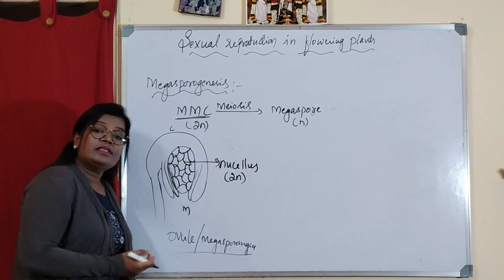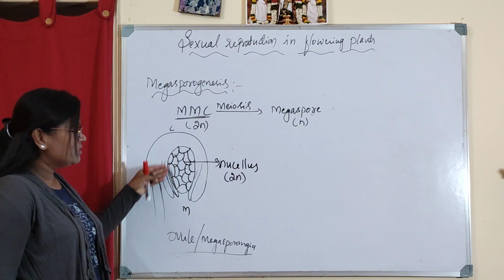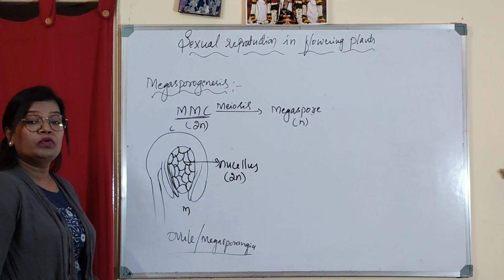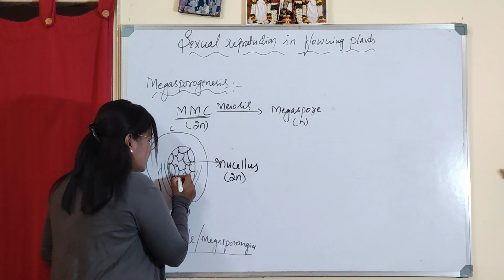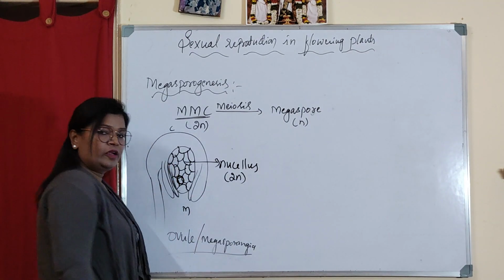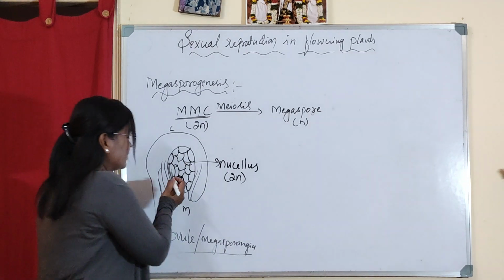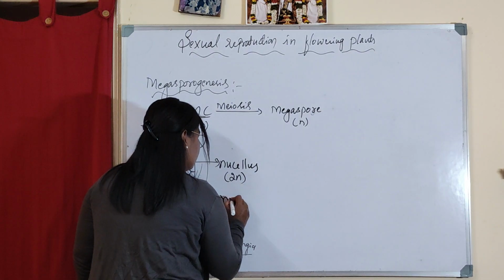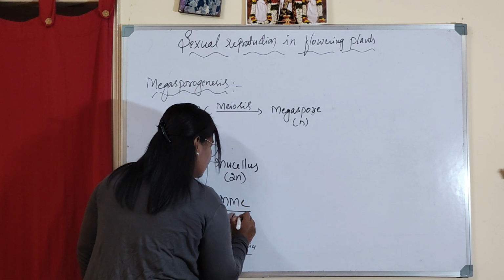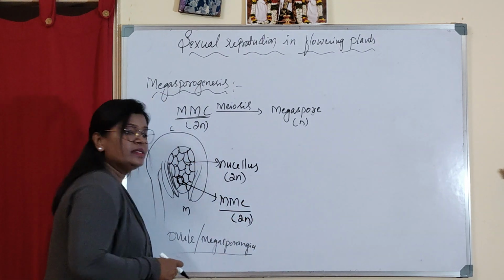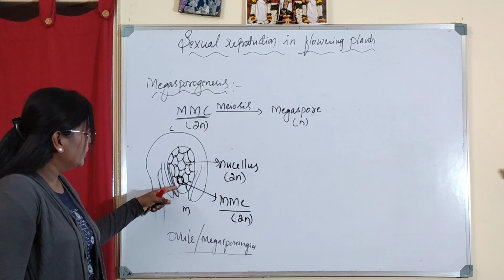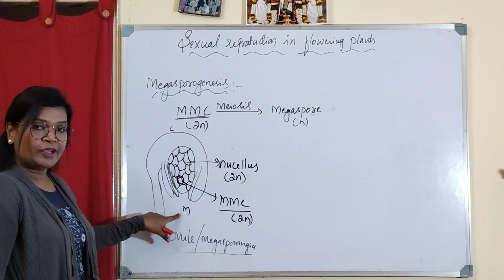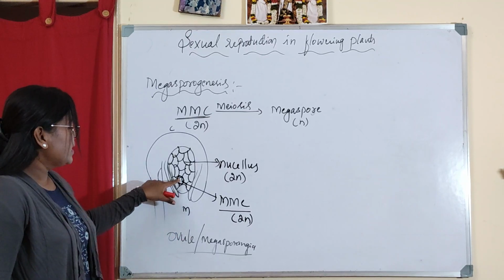One of the cells present in the nucellus of the megasporangia or ovule, towards the micropylar region, gets differentiated to form the megaspore mother cell, which is diploid. It is formed in the topmost region of the ovule, the micropylar region.